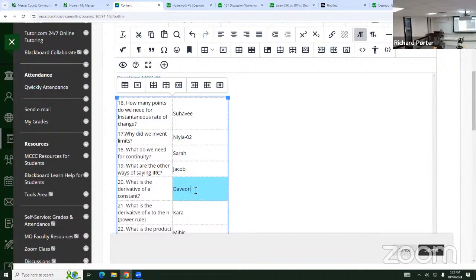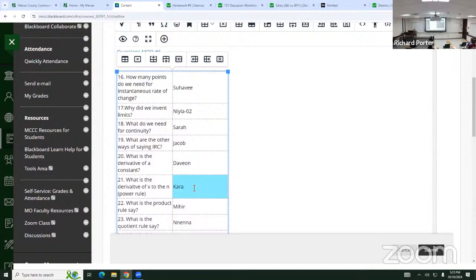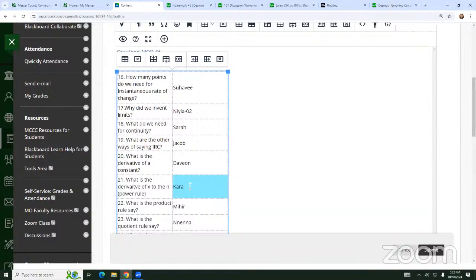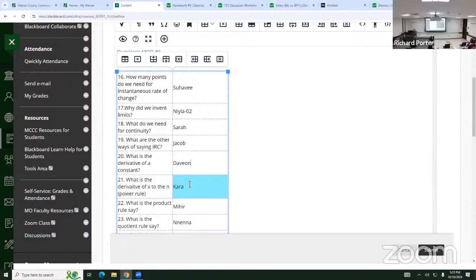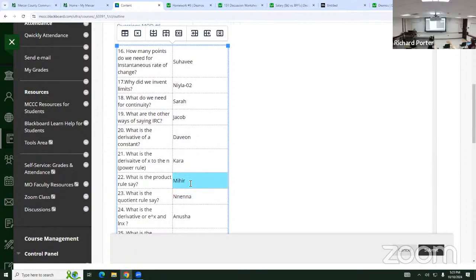Derivative, velocity, the tangent line, or dy over dx. Devon, what's the derivative of a constant? 0. Sarah, what's the derivative of x to the nth power? N times x to the n minus 1. That's the power rule.